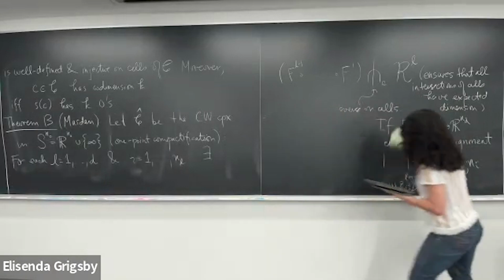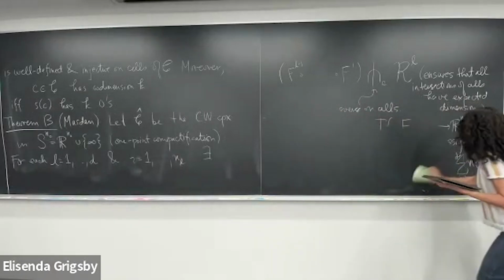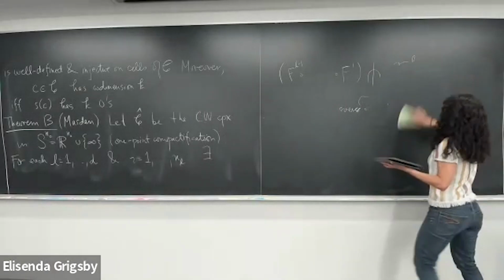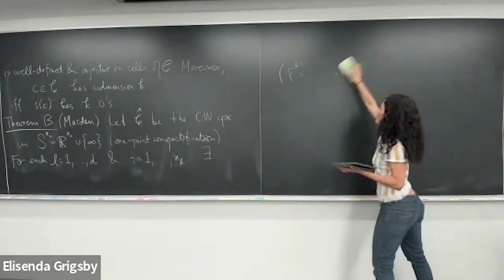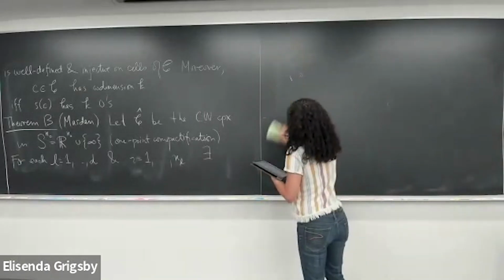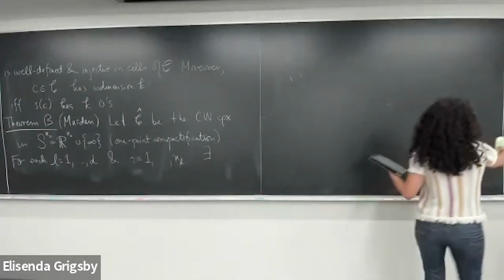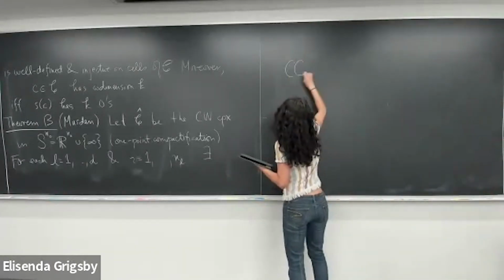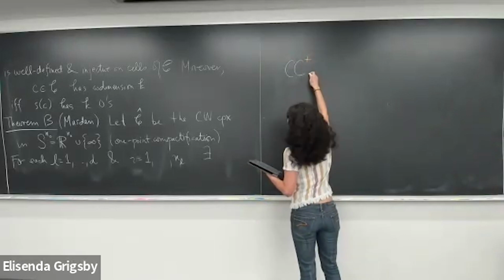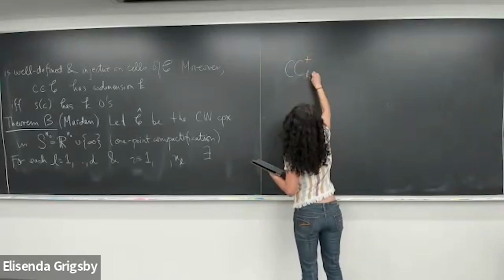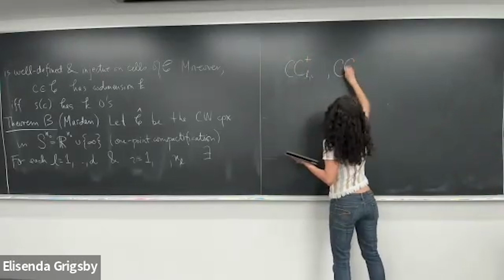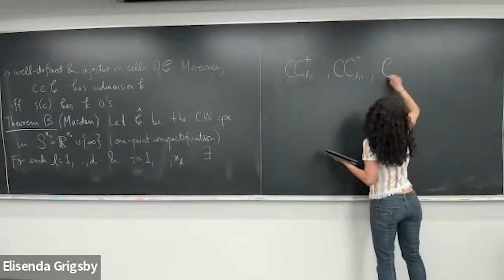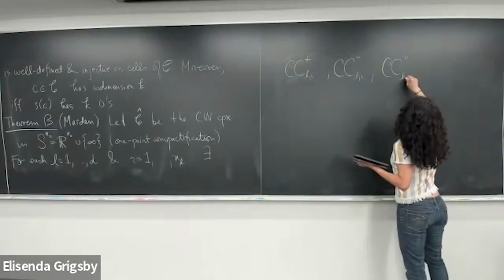I kind of lied before, but it's not much more than a cube complex. So I'm going to call these CC plus L,i, CC minus L,i, and CC zero L,i.